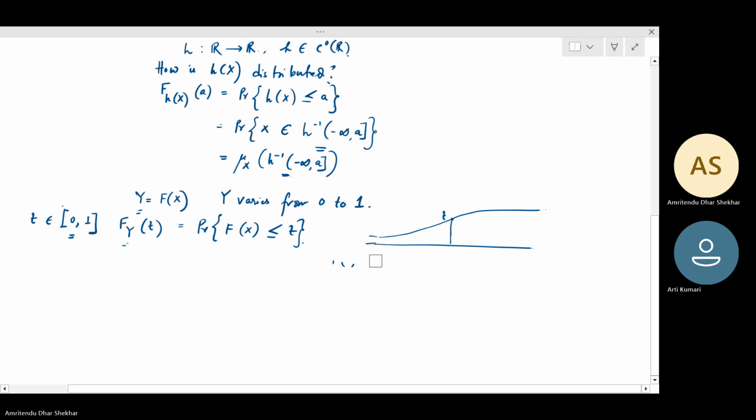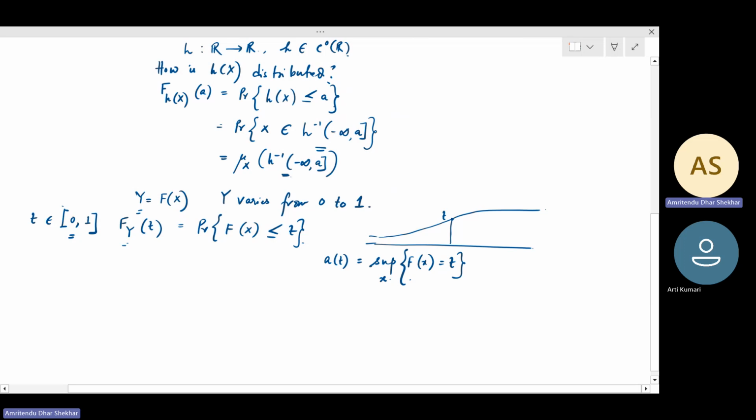Now let's take some a, where a of t is the sup of x such that f of x is equal to t.